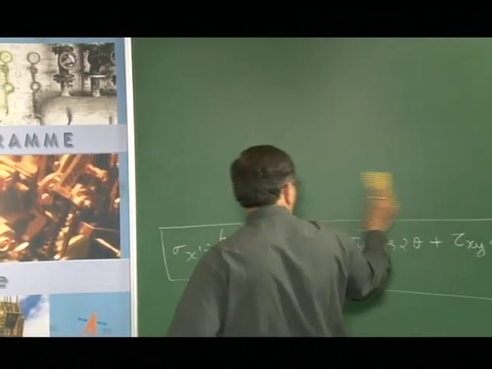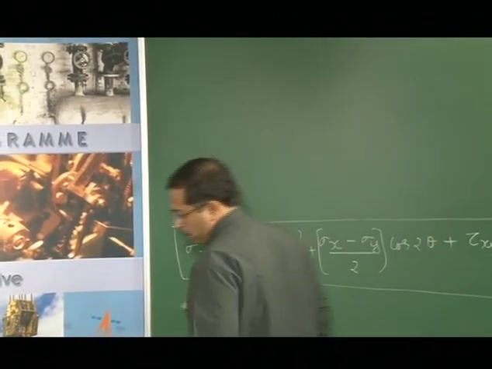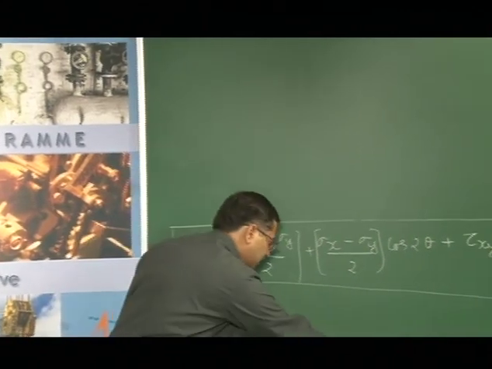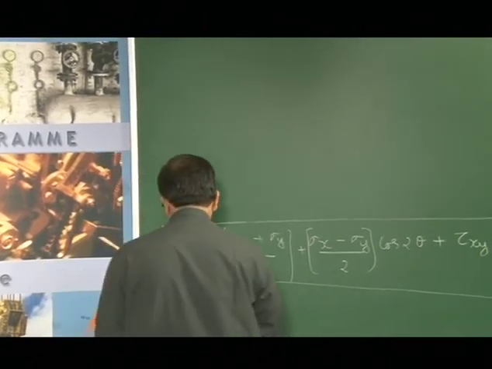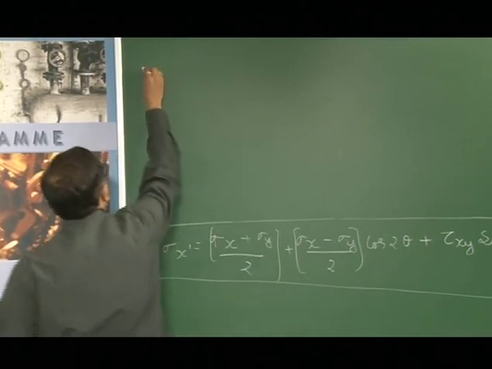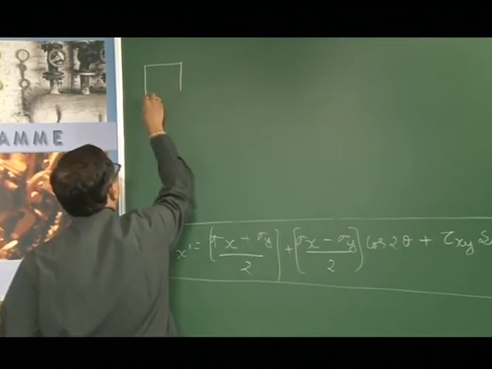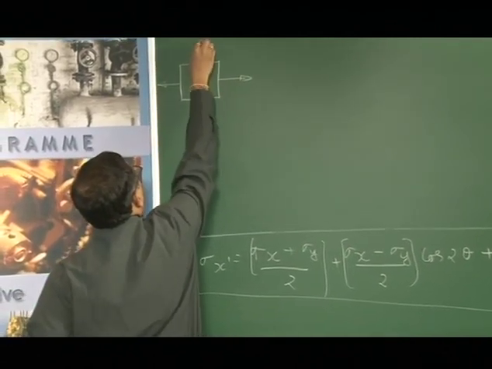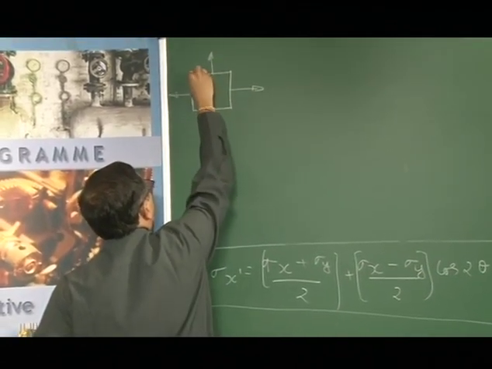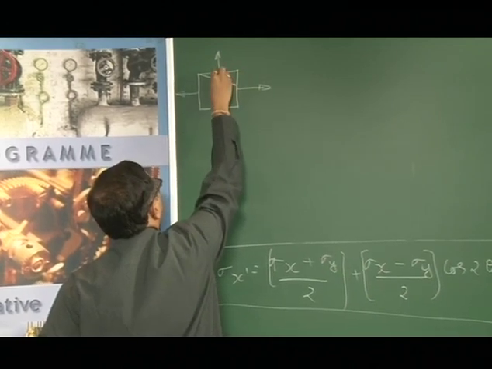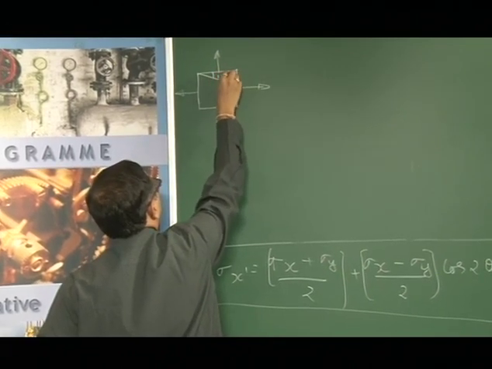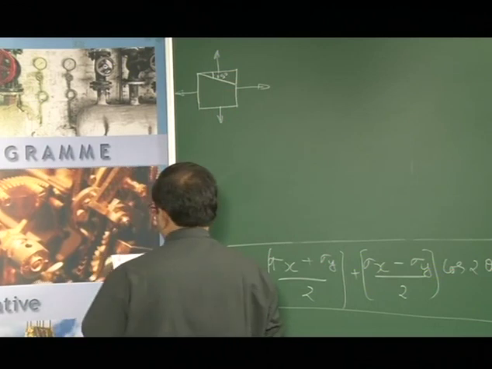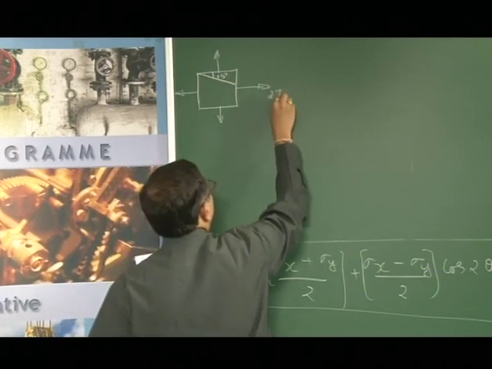But for this we have to note down a few things and I will write that on the board. Now, the stress that we have is this, we have this as well as this, and then the plane that we are taking is this, angle is 15 degrees. So, what we have here is 27 megapascal.